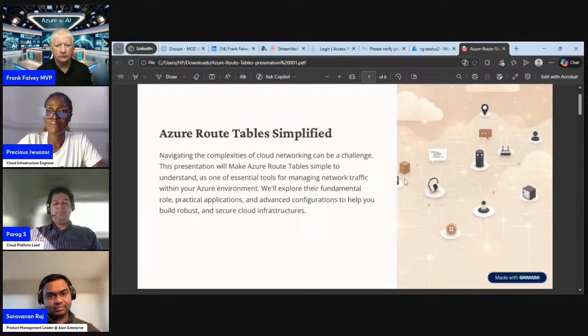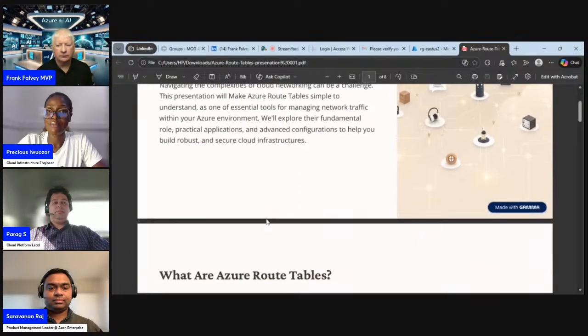Now, on my slide, I have: navigating the complexities of cloud networking can be a challenge. This presentation will make Azure route table simple to understand as one of the essential tools for managing network traffic within your Azure environment. We'll explore their fundamental roles, practical applications, and advanced configurations to help you build robust and secure cloud infrastructure.